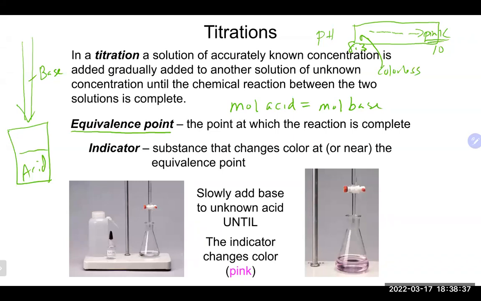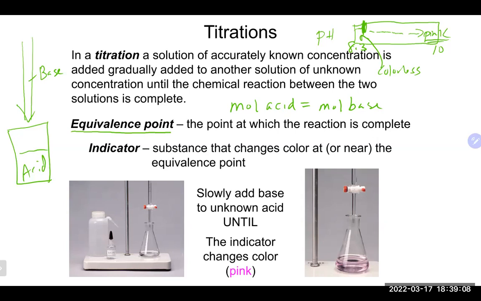And the reason for that is we want to pick an indicator that will actually change color near the equivalence point. That's the purpose of the indicator: to change color near the equivalence point. In most titrations that you do or have done, the equivalence point is right around this ballpark, in that colorless range, which is why they typically tell you to want the faintest color of pink possible.